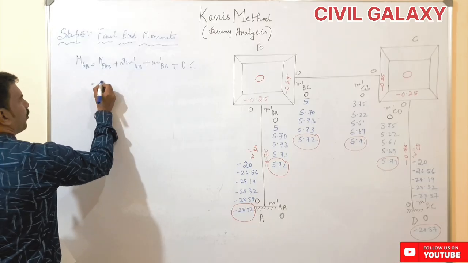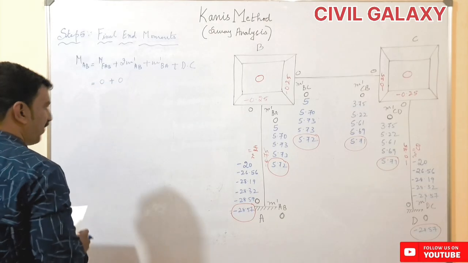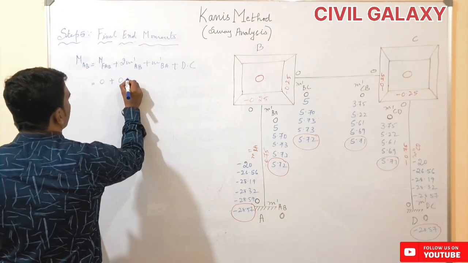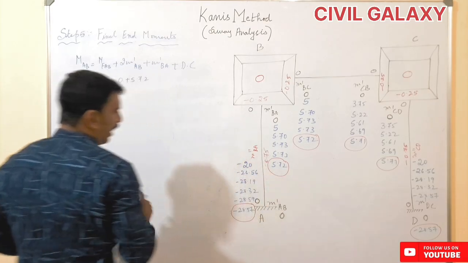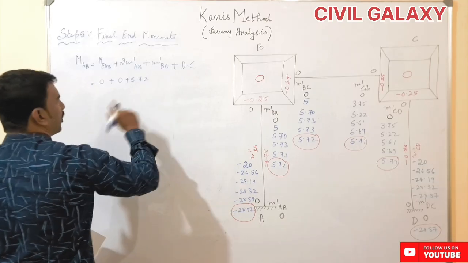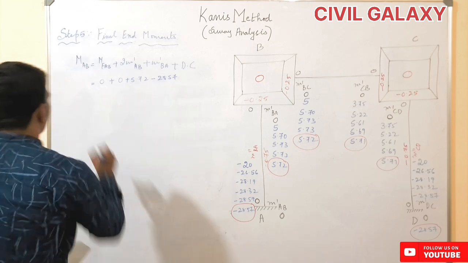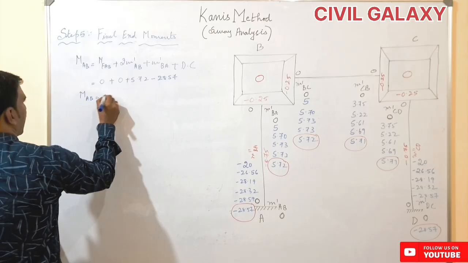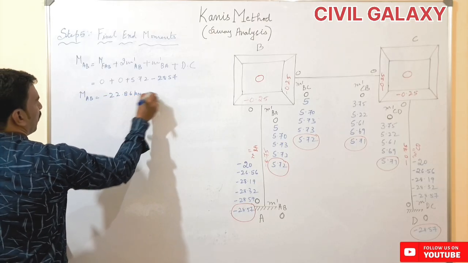So the fixed moment from A to B, we know it is 0. About the near end also it is 0. And we are having the new value over here, that is 5.72. About the far end, we have considered this value, and also the displacement contribution, that is minus 28.57. So now the moment about point A to B will be equal to minus 22.86 kilonewton meters.